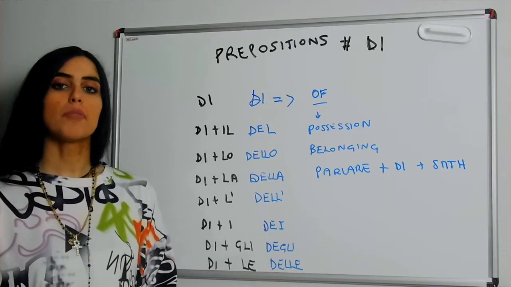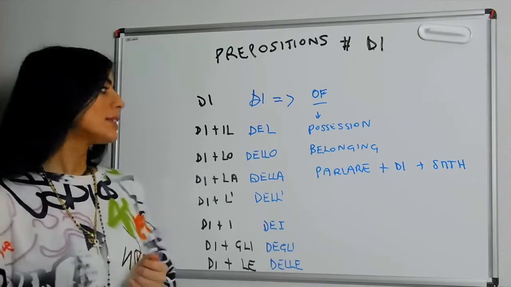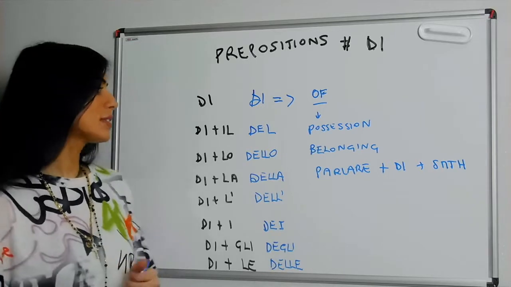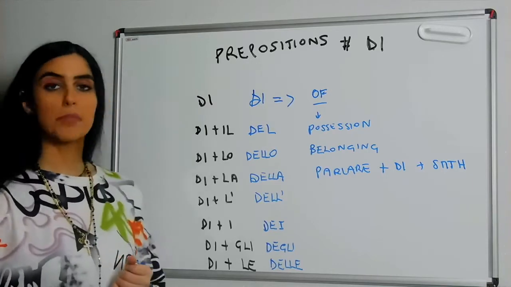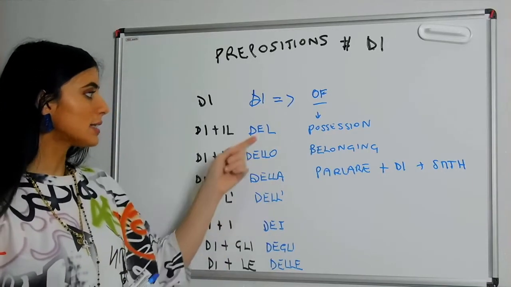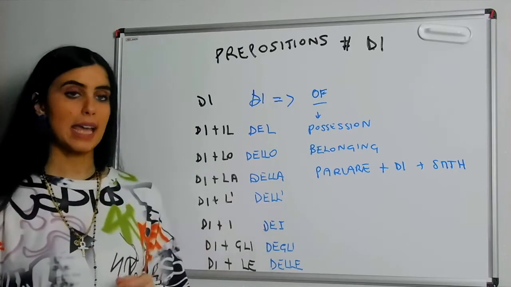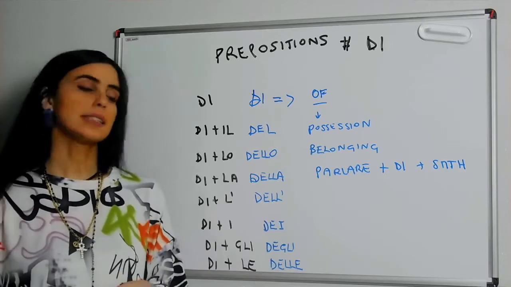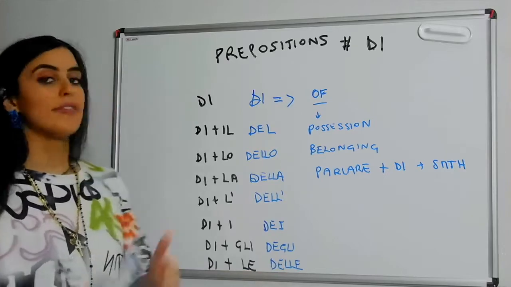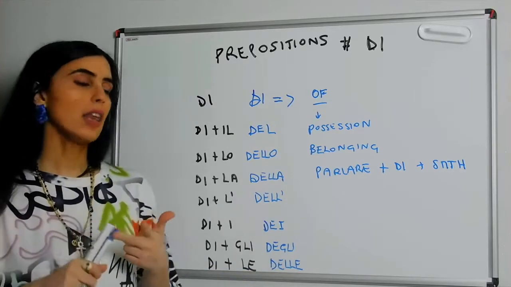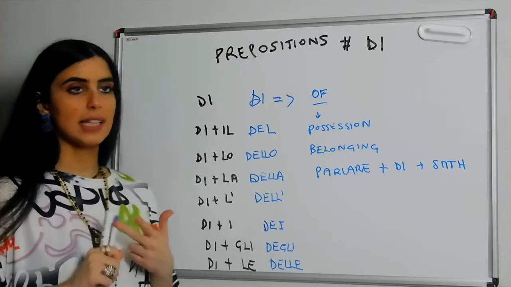So combined prepositions for di are di plus il, which becomes del, di plus lo, which becomes dello, di plus la, which becomes della, di plus l apostrophe, which is del, same pronunciation but double L apostrophe, di plus i is dei, di plus gli is degli, and finally di plus le is going to be delle. So we have di, del, dello, della, del, dei, degli, and finally delle.